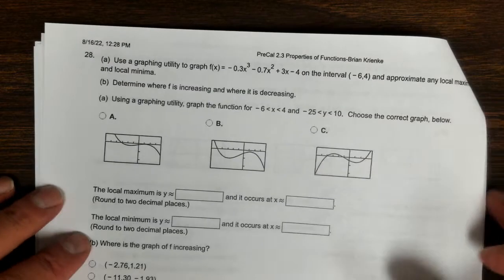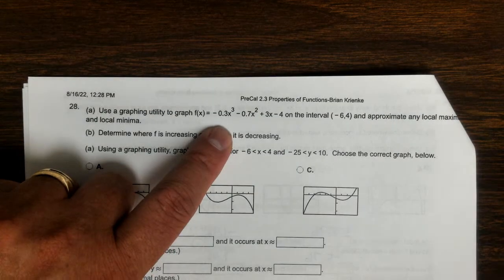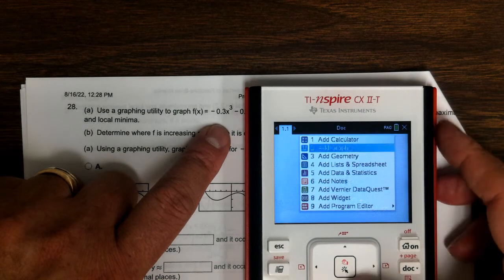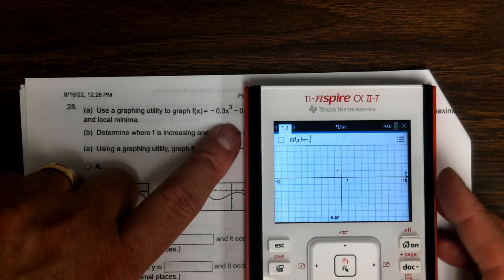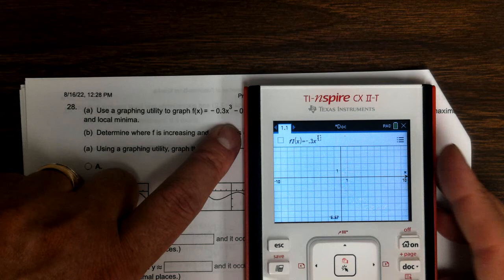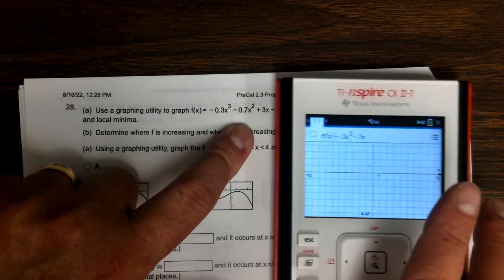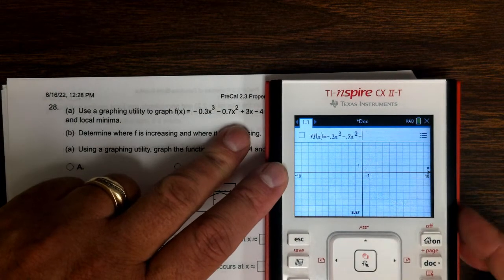Okay, next one, same idea. This time we're going from -6 to 4. I'm clearing mine now since we messed with the window. -0.3x to the 3rd power minus 0.7x to the second power plus 3x minus 4.